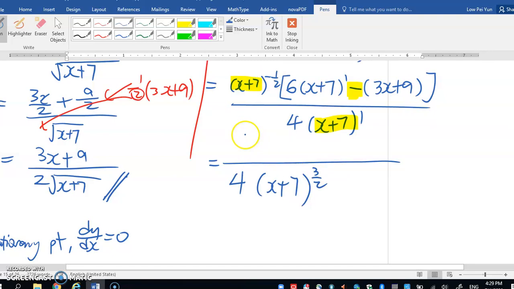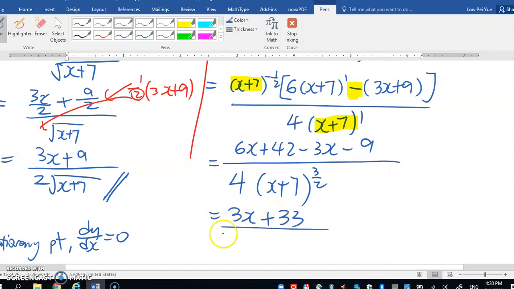Numerator, I'm going to get 6x plus 42 minus 3x minus 9, which is going to be 3x plus 33 over, let me write this in square root form, square root of (x plus 7) whole thing cubed.